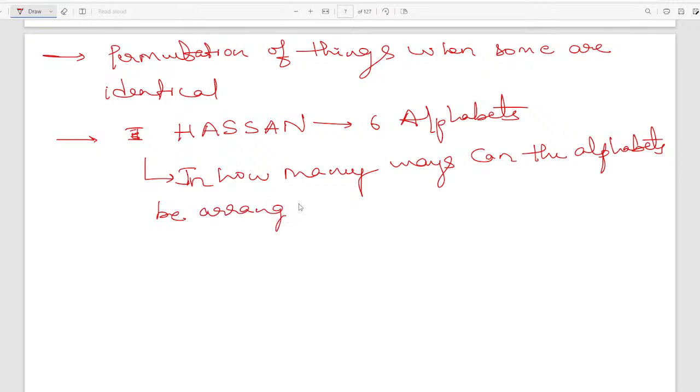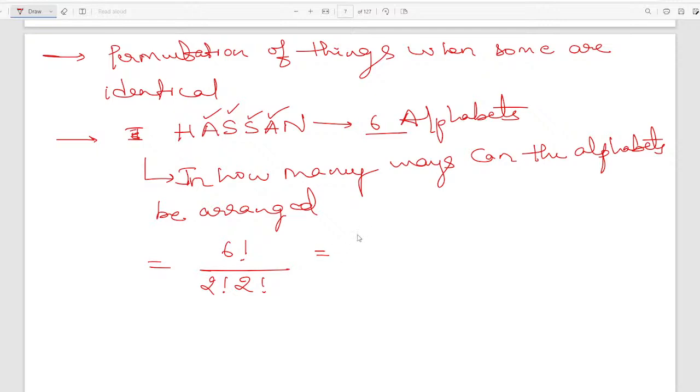In this case, there are alphabets that are repeating. There are two A's and there are two S's here. What we do is we count the total alphabets, that is 6 factorial, and then divide it by the repeated ones. There were two A's, so 2 factorial, and 2 S's, so another 2 factorial.